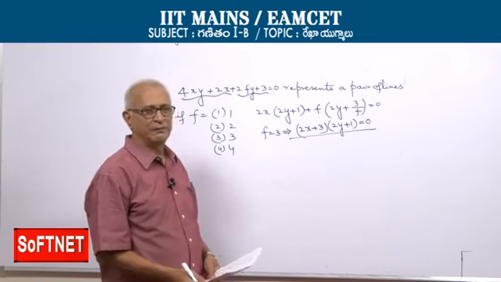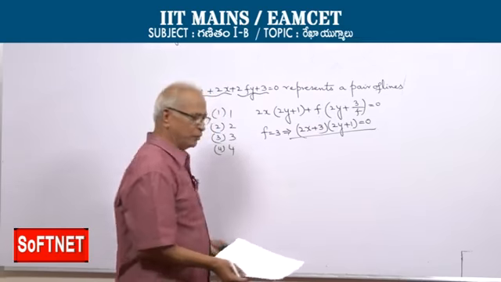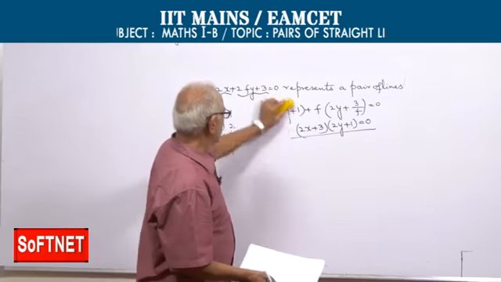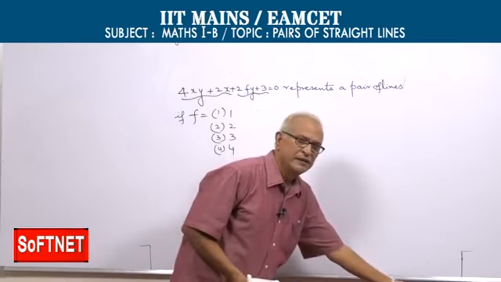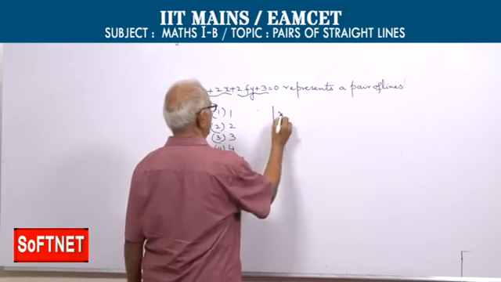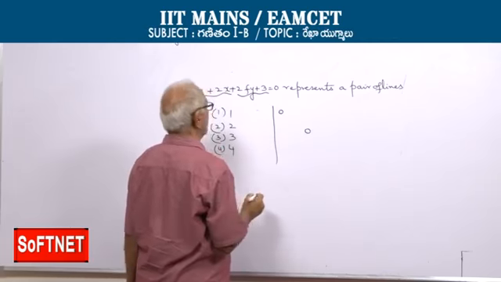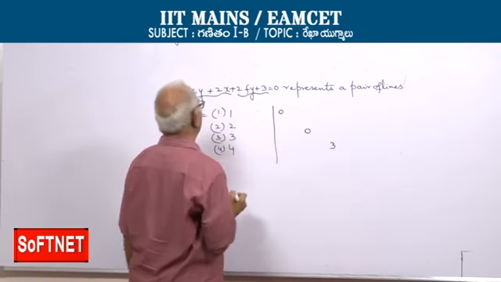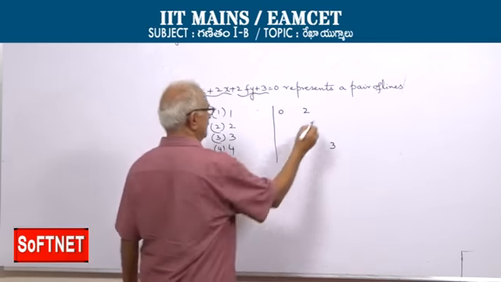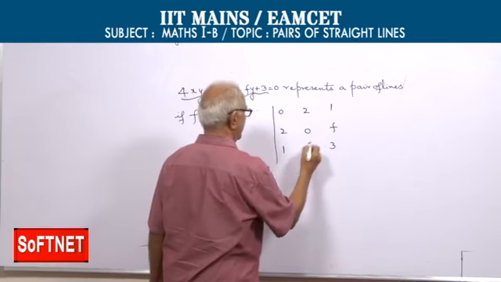Without wasting much time, even if you write the determinant, I will show you that also. I think it kills some more time. Determinant: a is 0, b, no y² term, is 0, c is 3, h is 2 of the coefficient of xy, g is 1, a symmetric determinant. So, this is also 1. f is the same as f here.